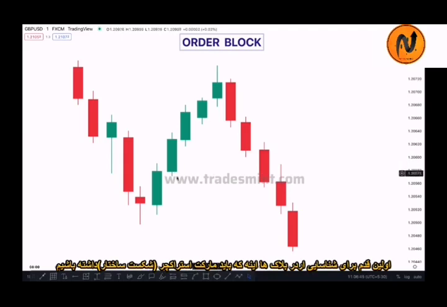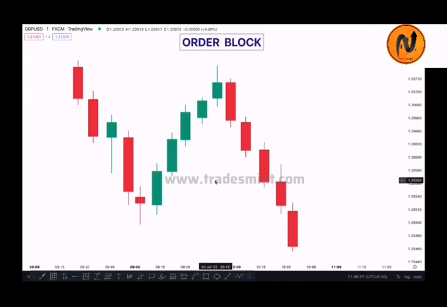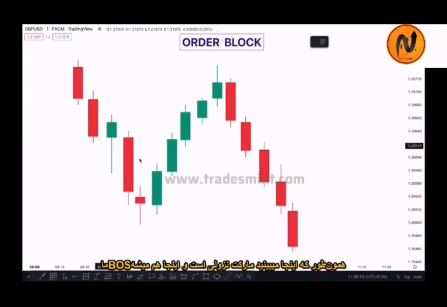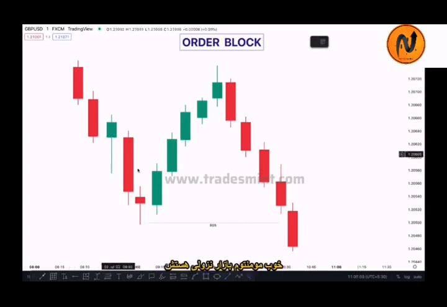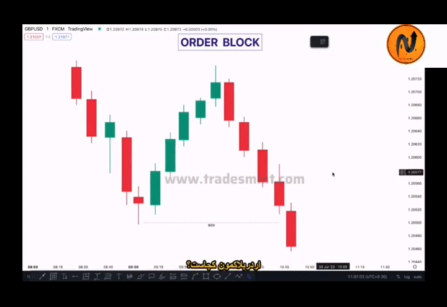So the first thing is, to identify any order block, price must break the structure. In this case, as you can see here, the market is bearish, okay, and generally these are our breaks of structure, right? So market momentum is bearish, so where is our order block? The last buying candle before the sell is called the order block.